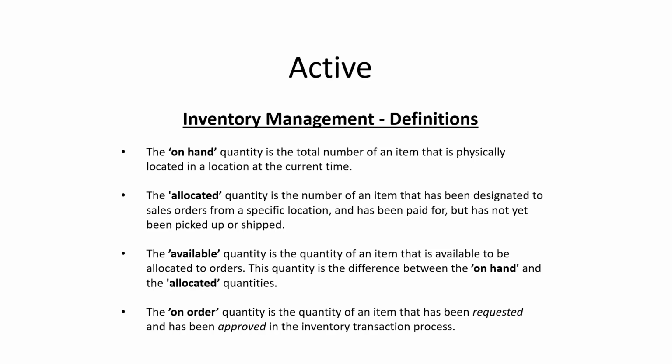The available quantity is the quantity of an item that is available to be allocated to new orders. This quantity is the difference between the on-hand and the allocated quantities. And finally, on order: the on-order quantity is the quantity of an item that has been requested and has been approved in the inventory transaction process.